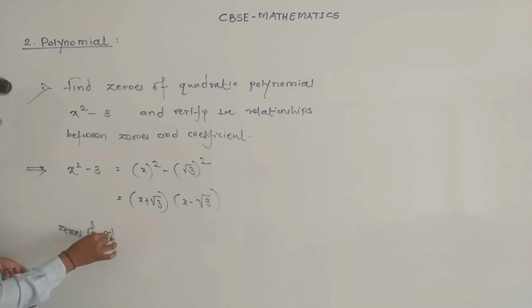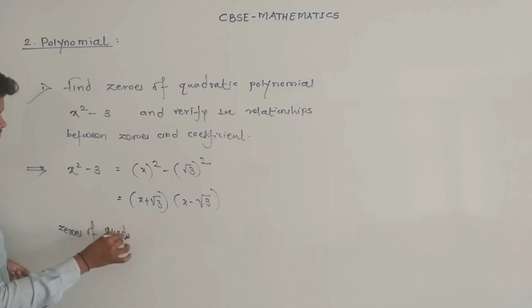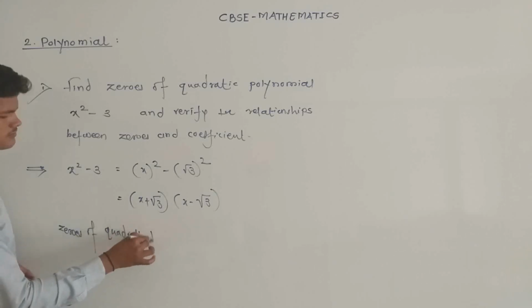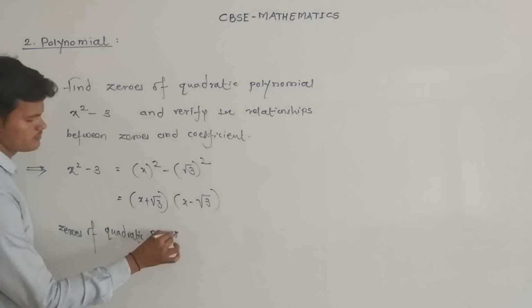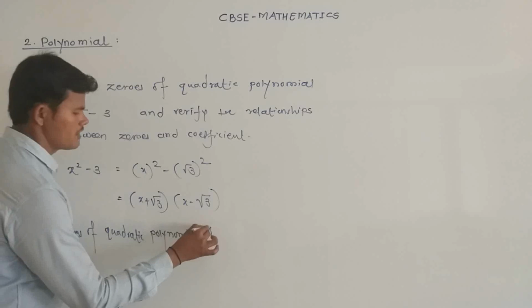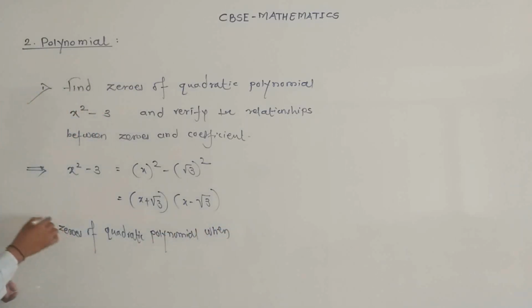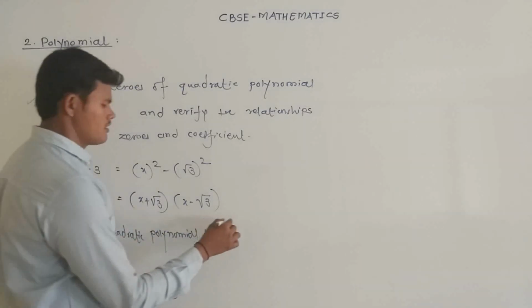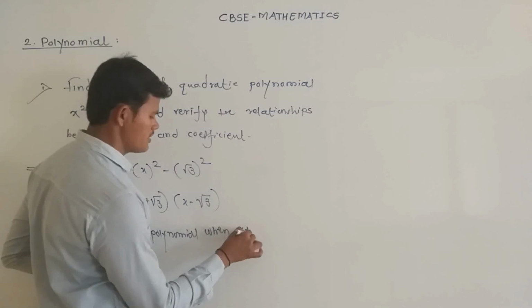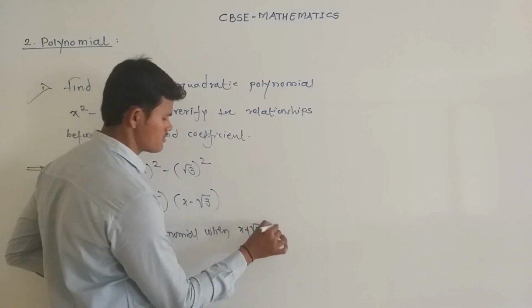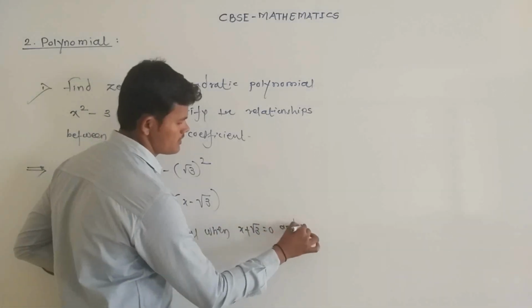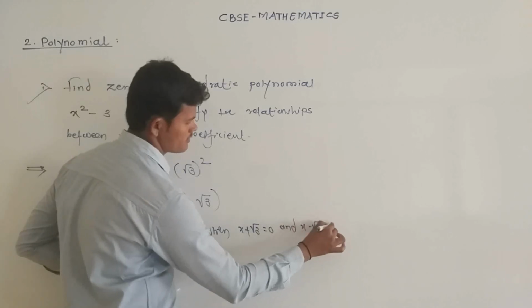Zeros of the quadratic polynomial are found when x plus under root 3 is equal to 0 and x minus under root 3 is equal to 0.